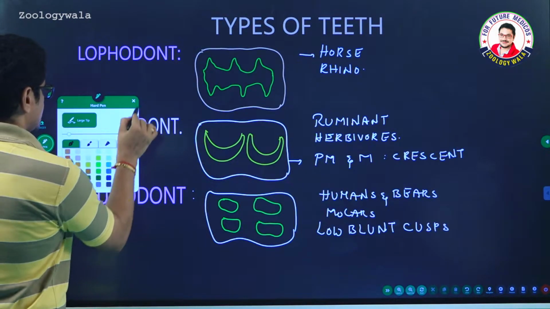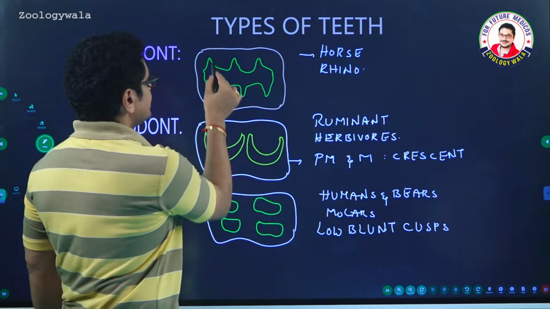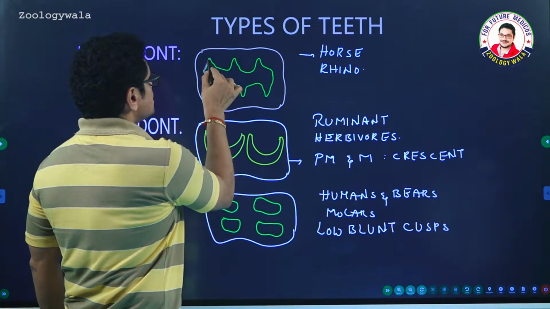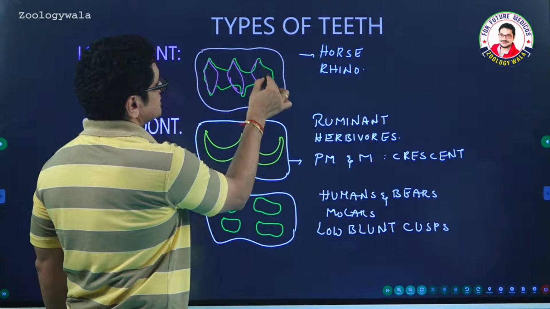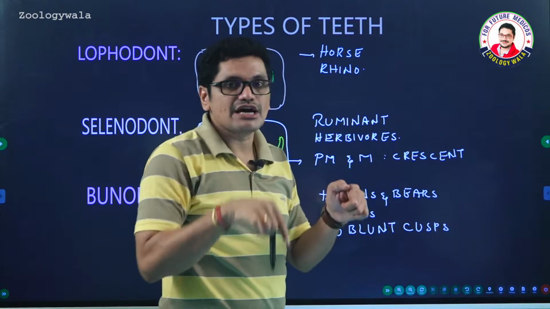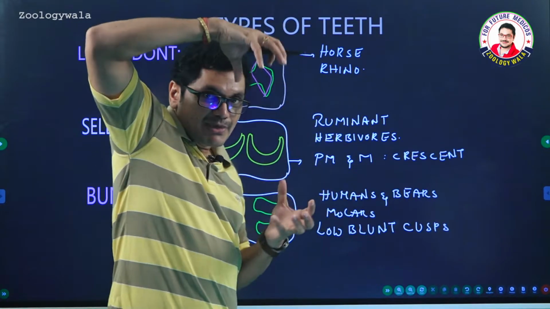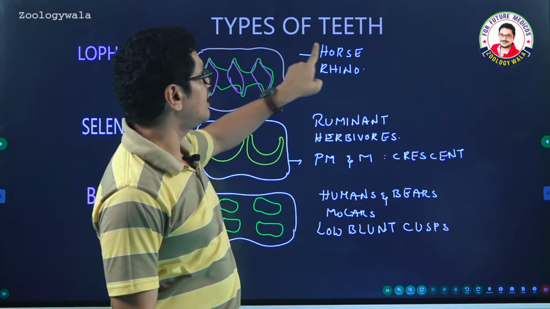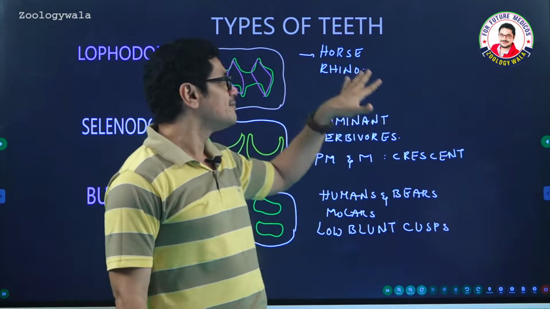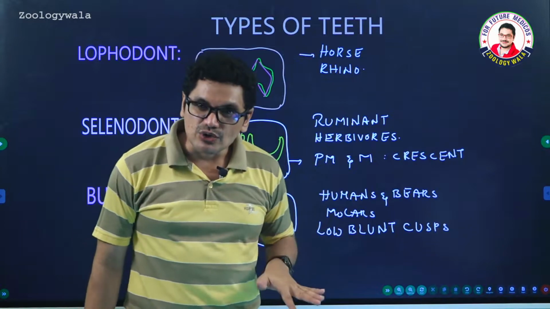In case of lophodont, you can see transverse ridges like this. The transverse ridges present over the upper portion of the molars come under lophodont. Where are these generally seen? These are generally seen in horse as well as rhinoceros.